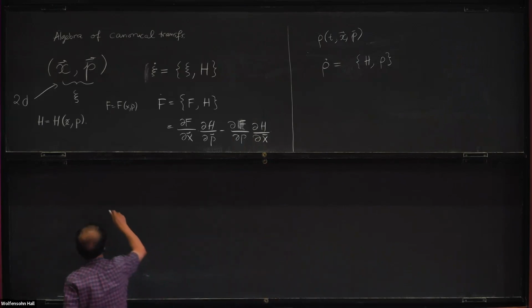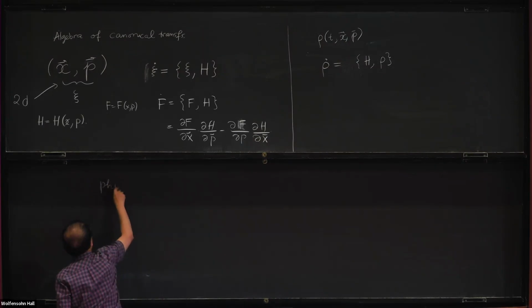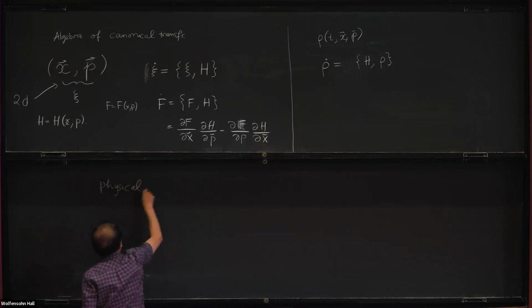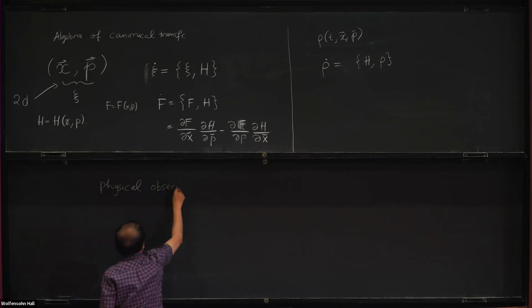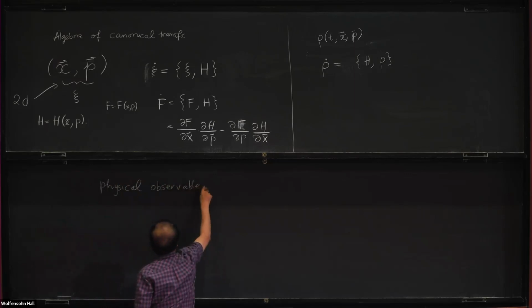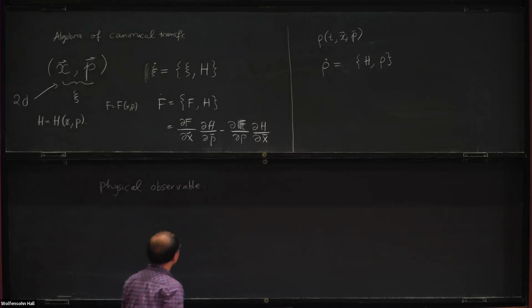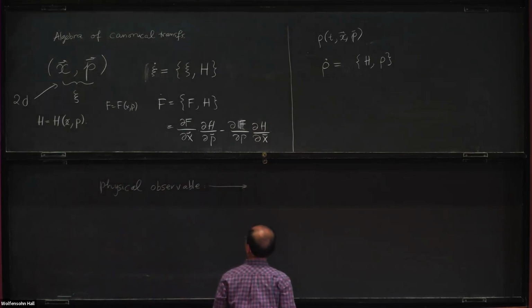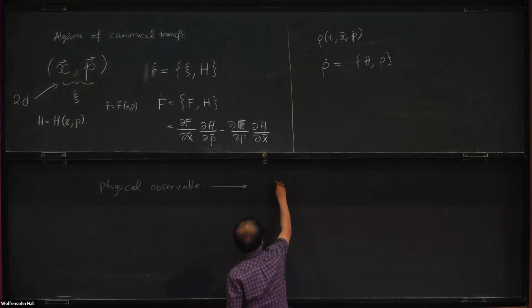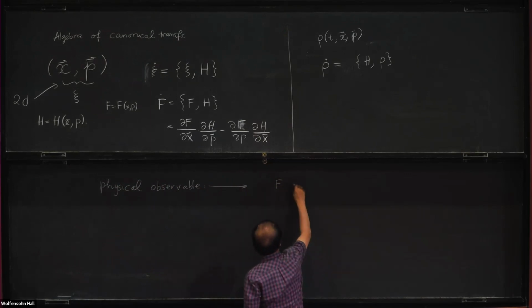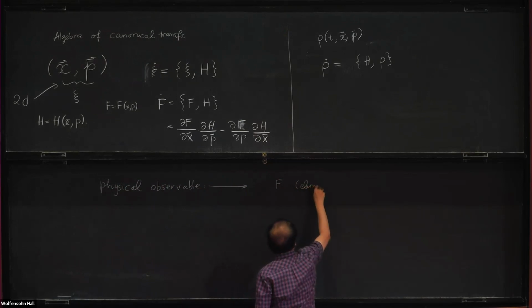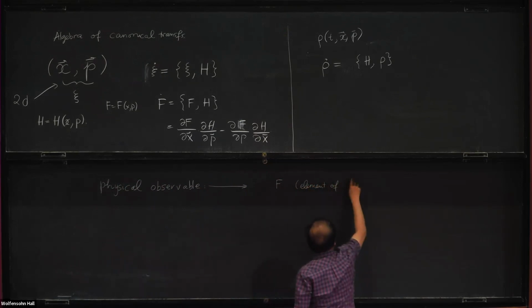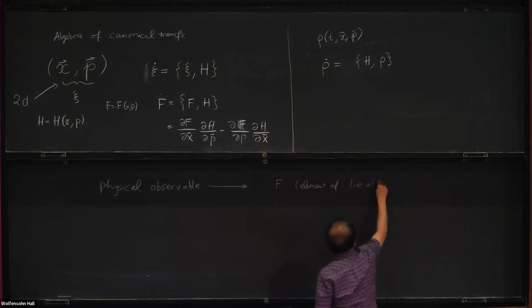If I have a physical observable, a physical observable is going to be put into correspondence to a function of x and p, which is an element f of the Lie algebra of canonical transformations.